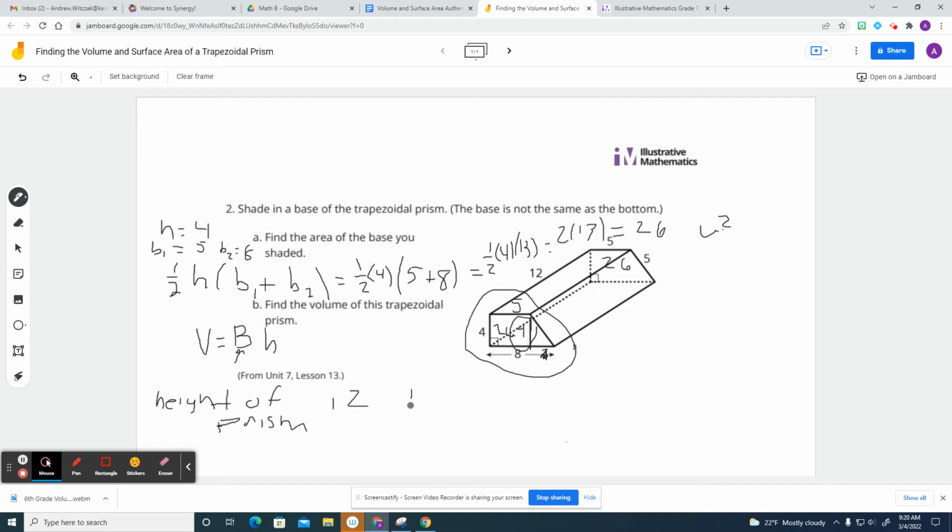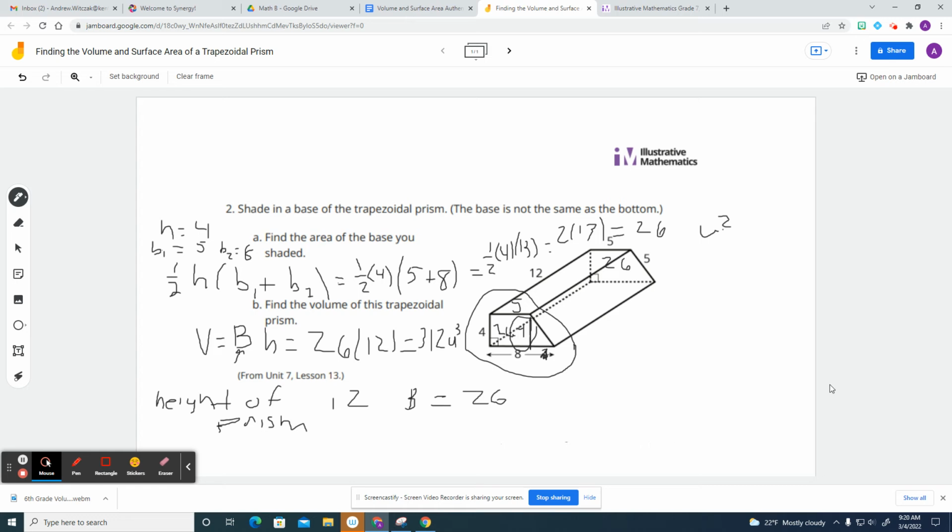And the area of the base, which is B, we calculated is 26. So the numbers we would substitute in here would be 26 times 12. I'm going to use a calculator for that, and I get 312. And it's cubic units, so I'm going to write units raised to the third power.